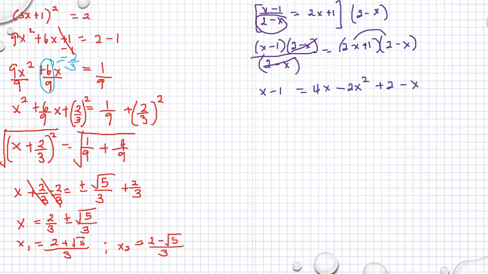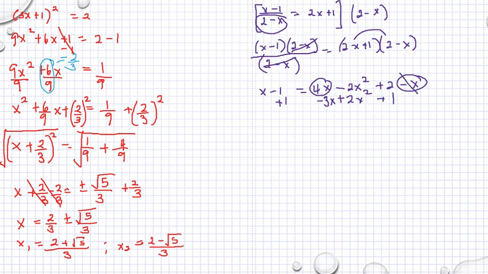If we transfer all the terms to the left hand side, then we add this by 2x squared minus 3x, because this one and this one will be 3x. We don't need to do that with the 2. And we can add 1 there, plus 1.